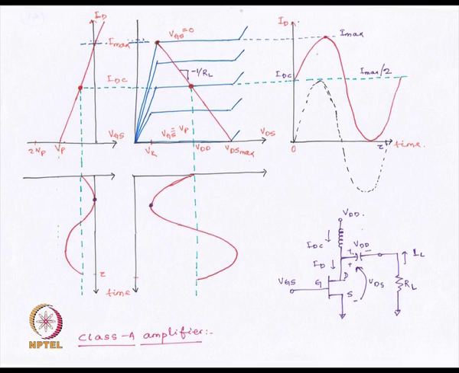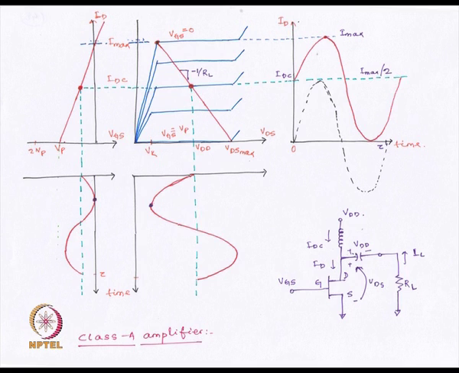So, it is conducting for the entire 360 degrees. This is the input voltage, and our ID is also a perfect sinusoid. It conducts because VGS is always on, and our ID provides an output which follows the input voltage.